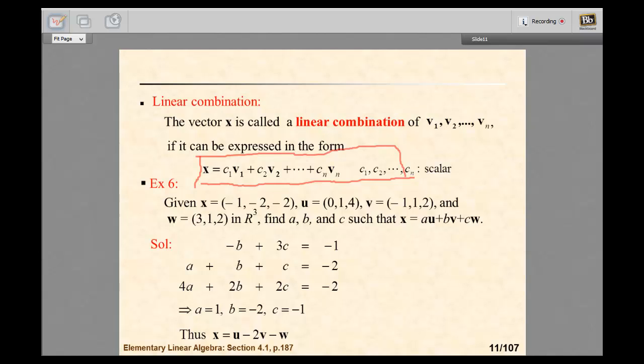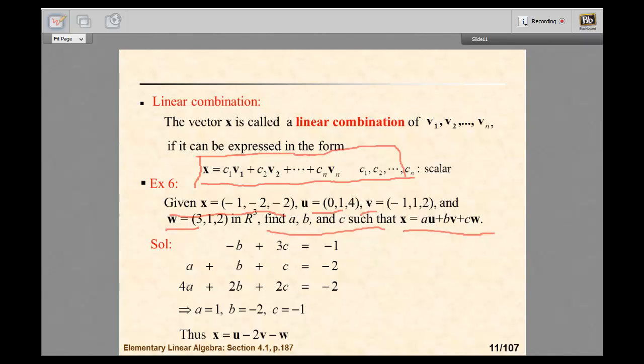So, for example, we are given vectors x is equal to minus 1, minus 2, minus 2, and u is equal to 0, 1, 4, and v is equal to 3, 4, and so on. That is, the vectors u, v, w, and x are given, and you have to find the value of a, b, and c so that x is equal to a u plus b v plus c w.